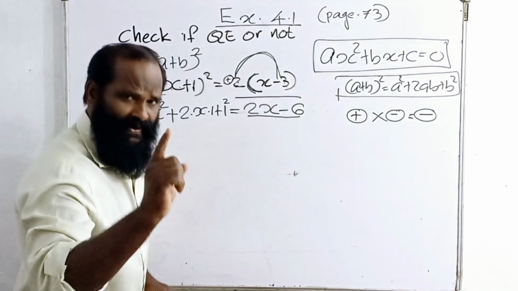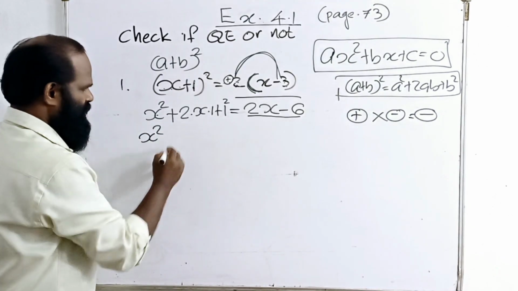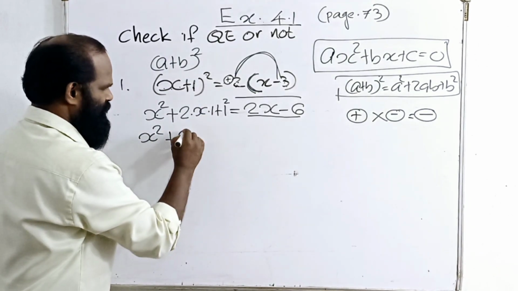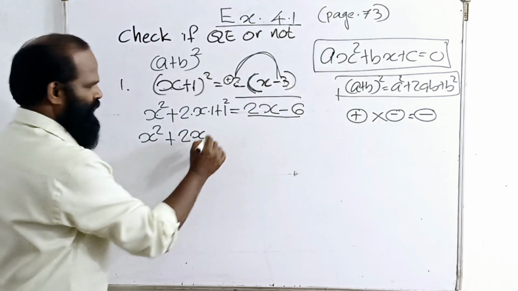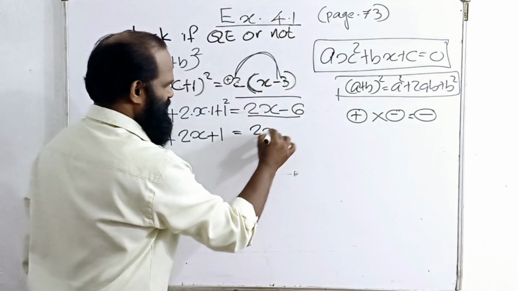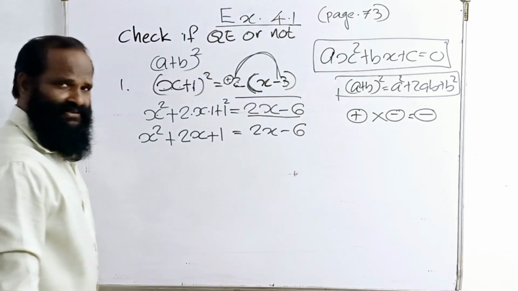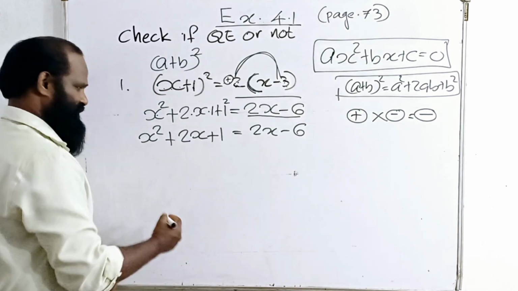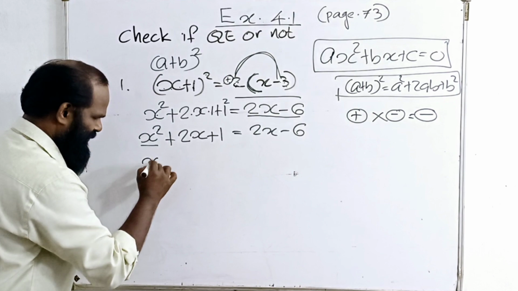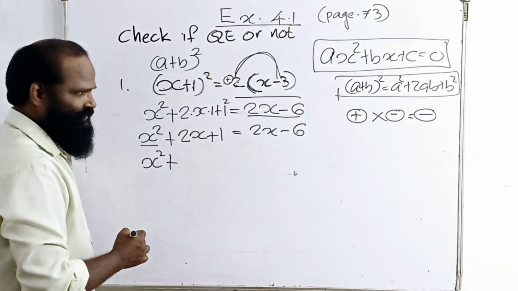We have one more line to go. x square plus 2 into x into 1, 2x, plus 1 square is 1, is equal to 2x minus 6. Let us start arranging the things from RHS to LHS. This is the only term with square, so we write x square plus 2x.